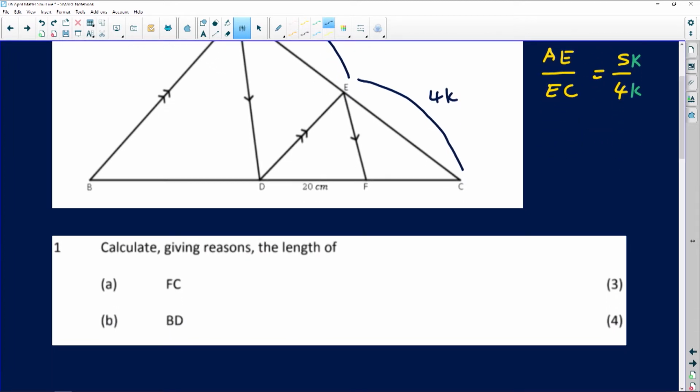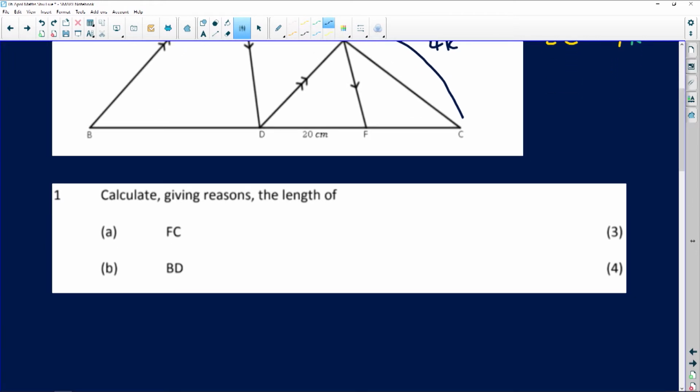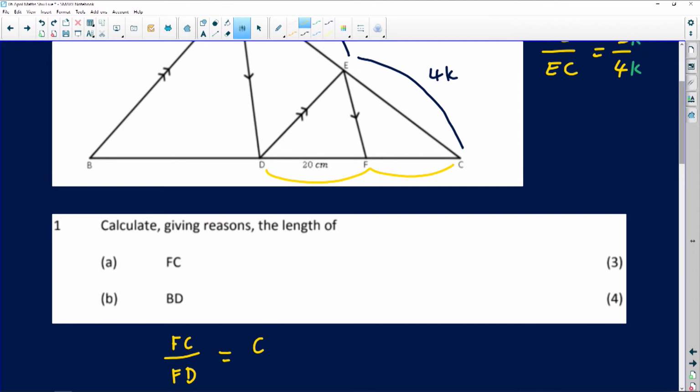They want me to find FC. So FC divided by FD will simply be equal to CE divided by EA.